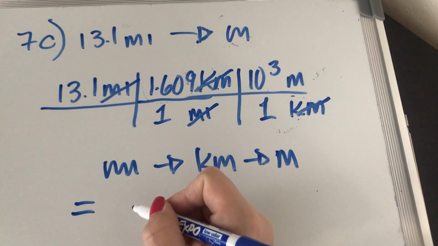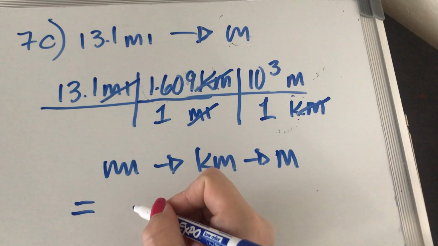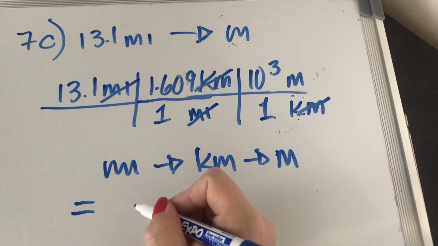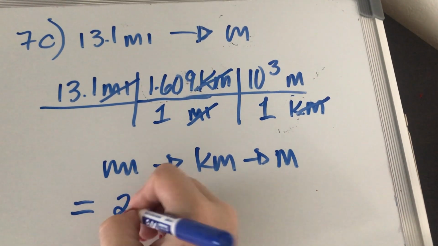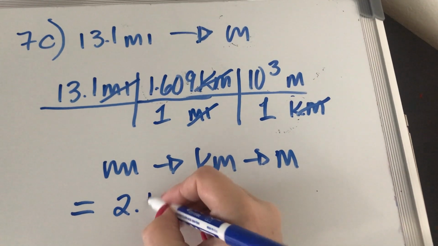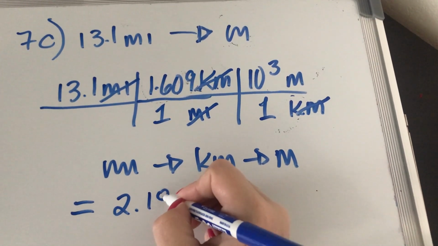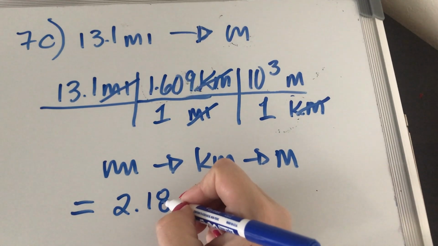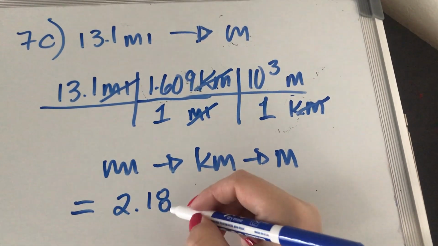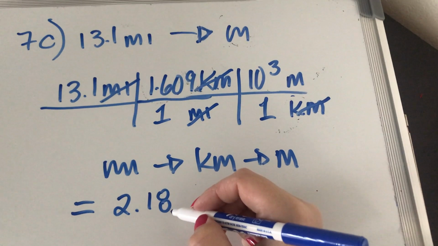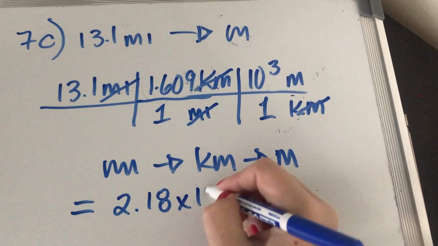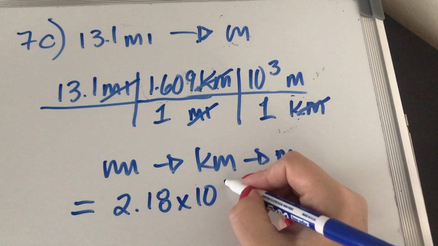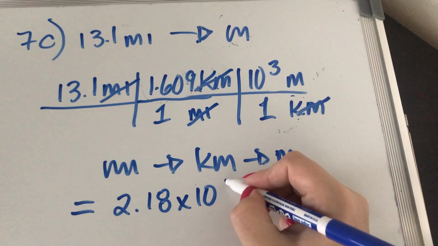So what do you guys get when you put that in your calculator? I got 21,077.9. So it'd be 2.18 times 10 to the 4.